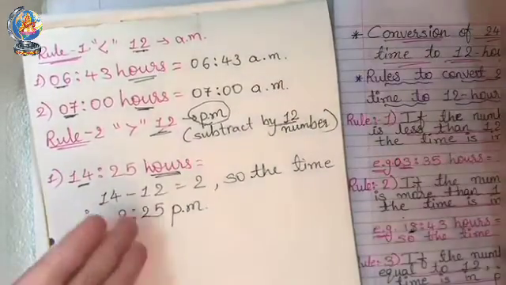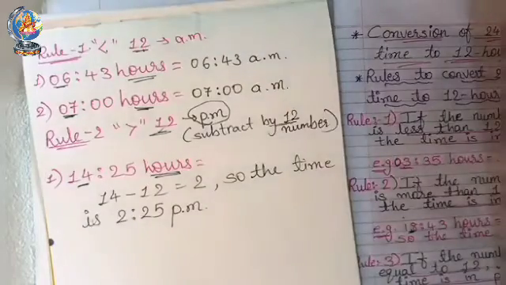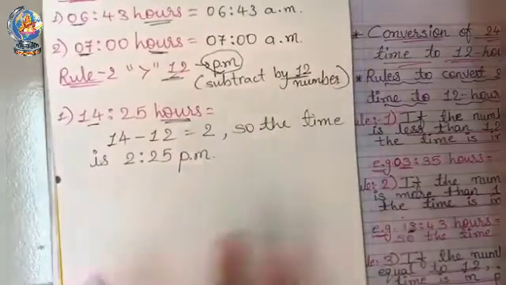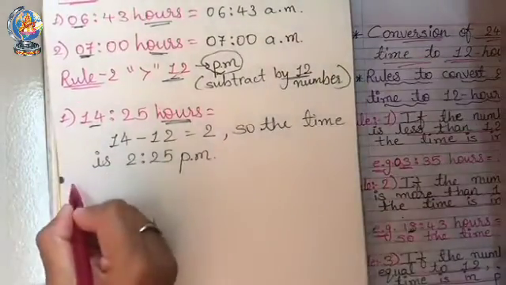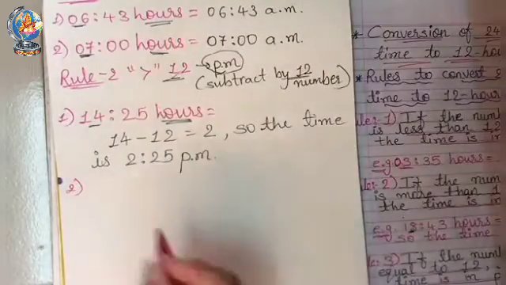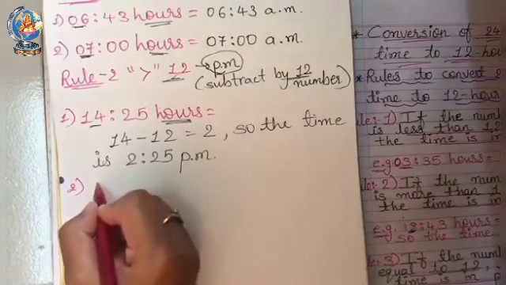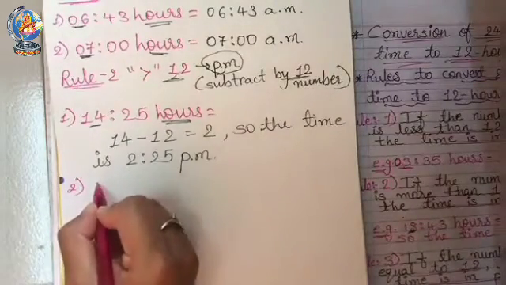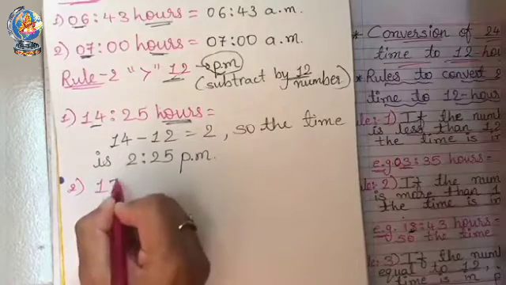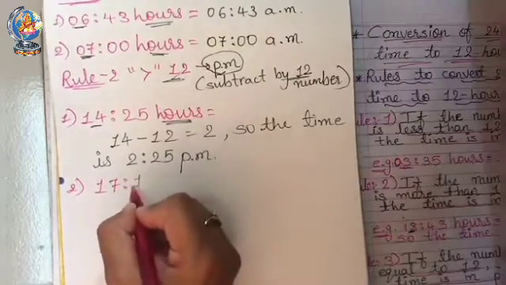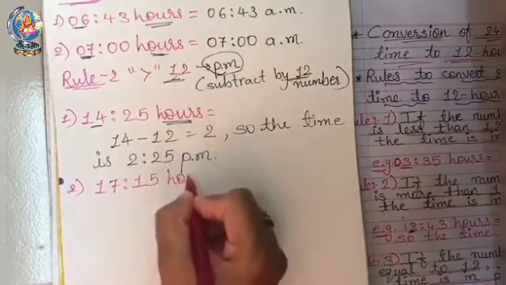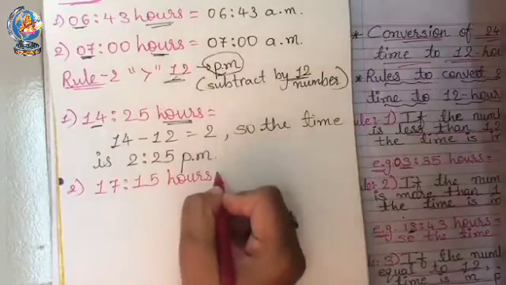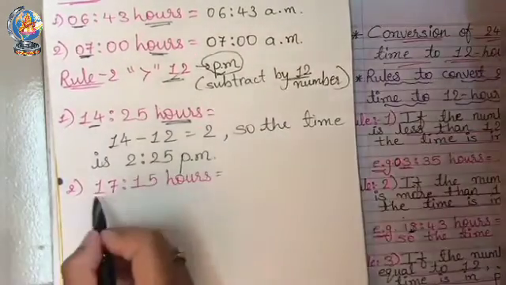Look, next example, let's see ahead. 17:15 hours. 17 is greater than 12, right?